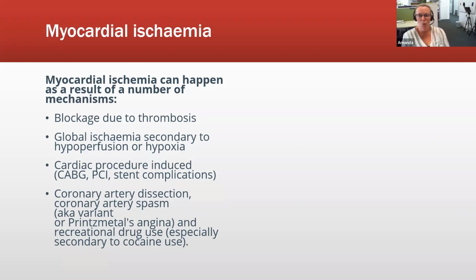Cardiac procedures can also cause myocardial ischemia, and then coronary artery dissection or coronary artery spasm. You've probably heard the term Prinzmetal's angina. Secondary to recreational drug use, specifically cocaine use, can also cause myocardial ischemia. People who die very young of sudden cardiac arrest often do have a history of drug use, and that can cause ischemia and then cardiac arrest down the track.